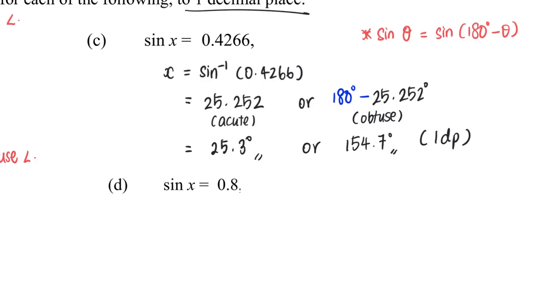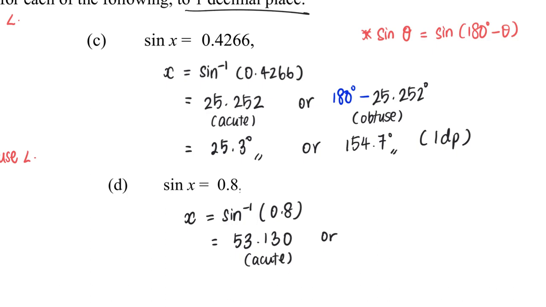The same goes for part D, where x is the inverse sine of 0.8. Again, we need to be aware that the calculator only returns us the acute angle. This is the acute angle.